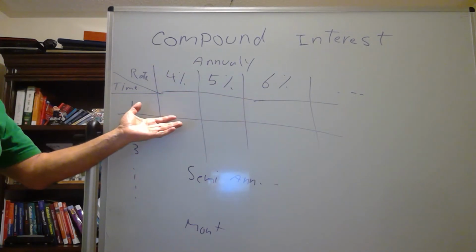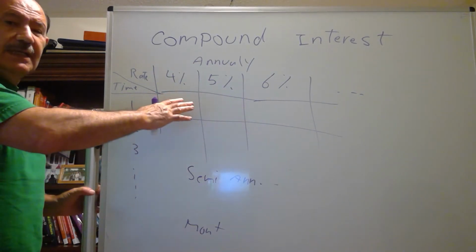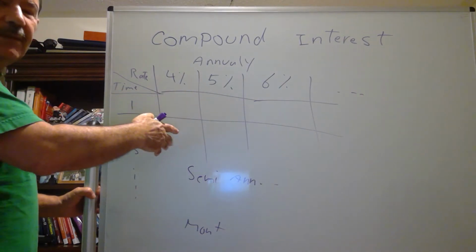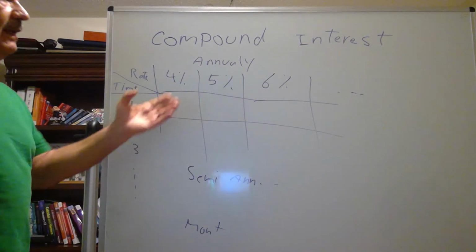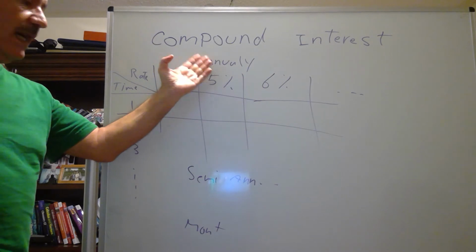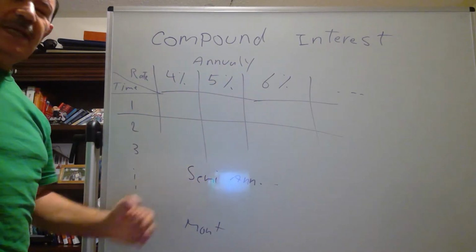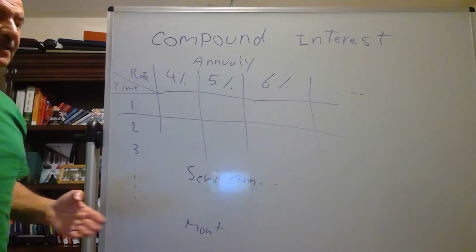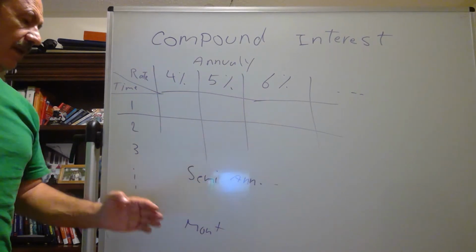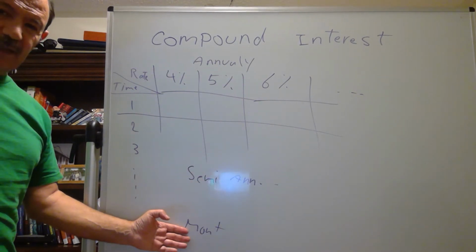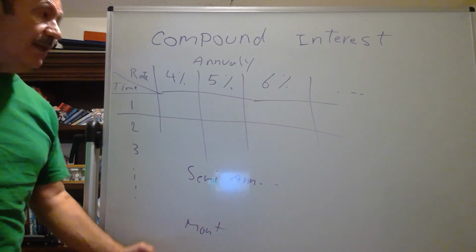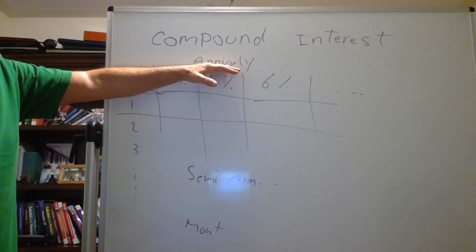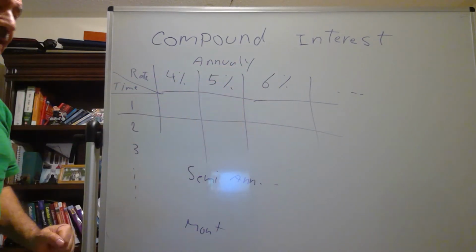When we are using the compound interest table, always pay attention to whether the table is calculated annually, semi-annually, which means twice per year or every 6 months, or monthly, which is end of each month, or daily. So pay attention to the title of the table, to know which table we are using.